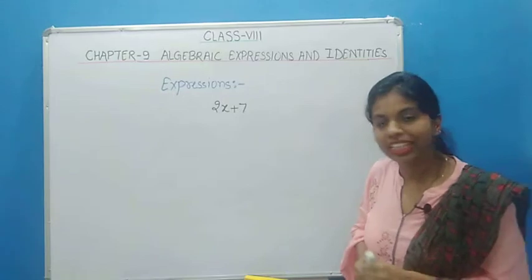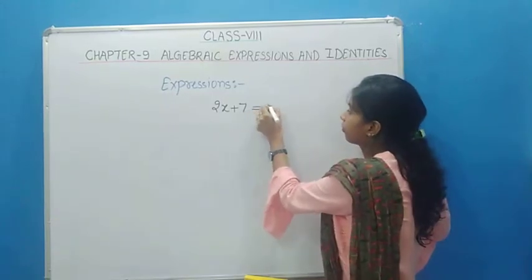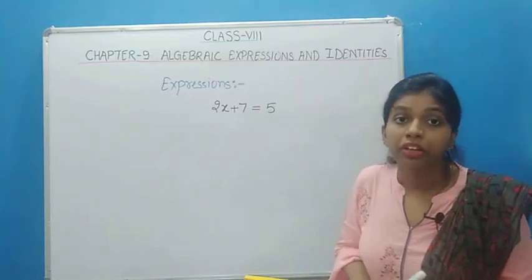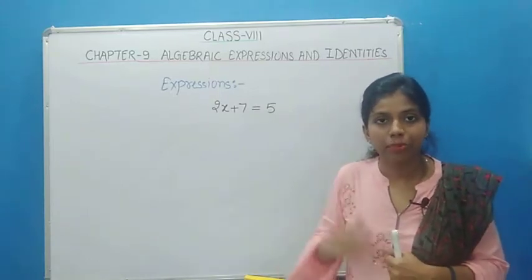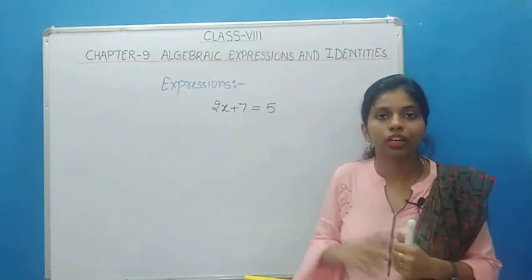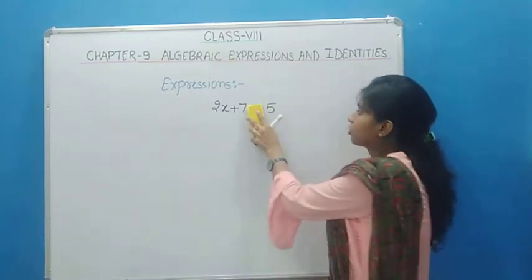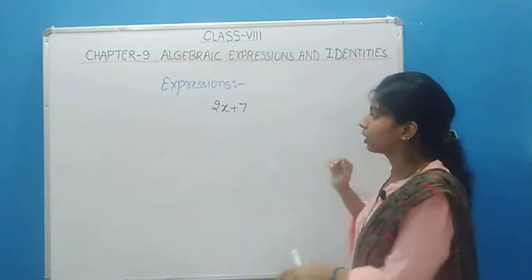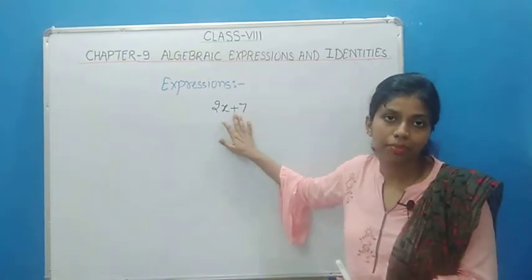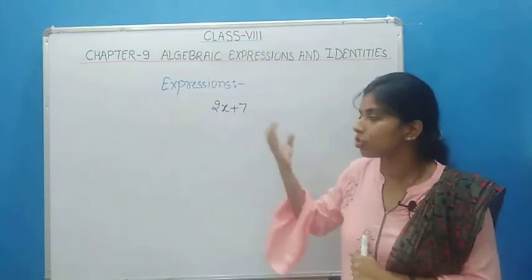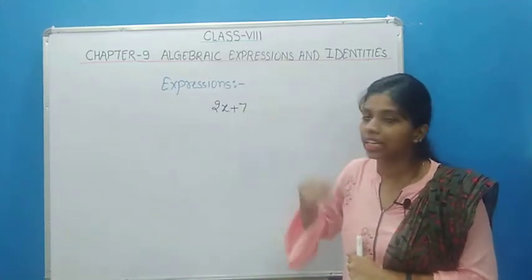If I write here equal to 5, now this expression becomes an equation. But in this chapter we do not have to discuss equations, we are only going to discuss expressions. And here we also have algebraic operators, like plus. So this is an algebraic expression.